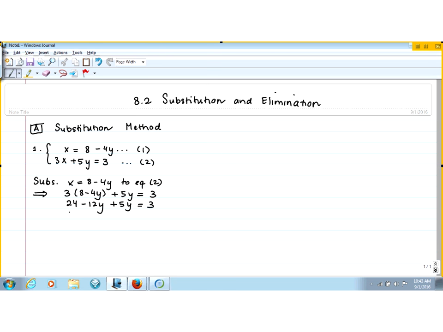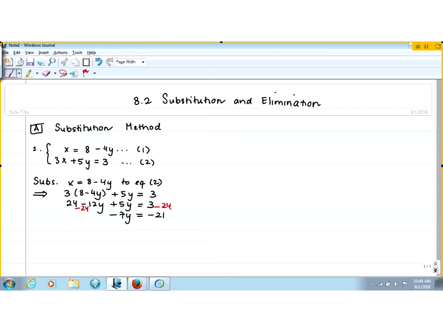Now I can solve it, can I? All right. So how do I solve it? Combine like terms? Okay, negative 12y plus 5y is negative 7y. Okay, what do you do to the 24? Subtract 24 from both sides. What is 3 minus 24? Negative 21. So you could write minus 24 on both sides if you like.